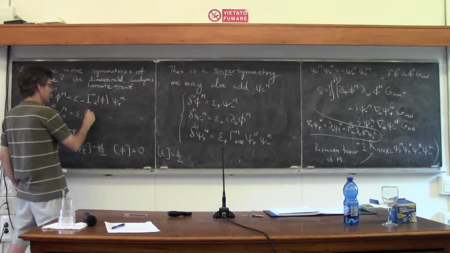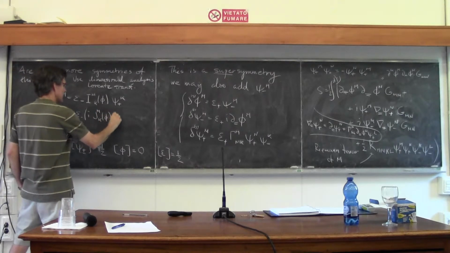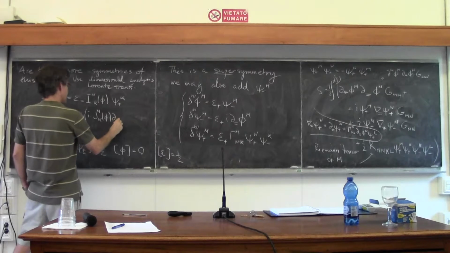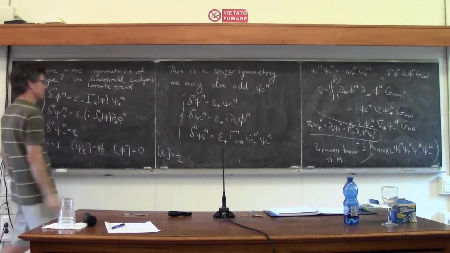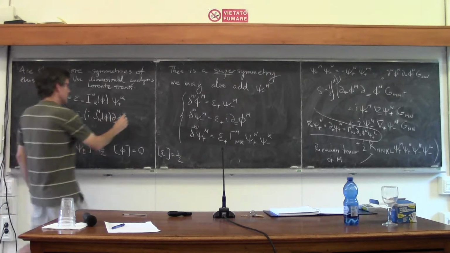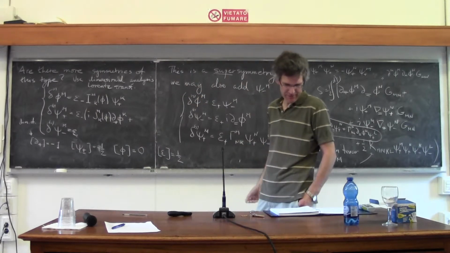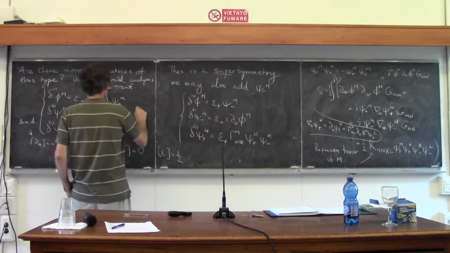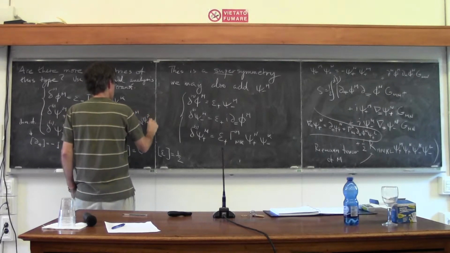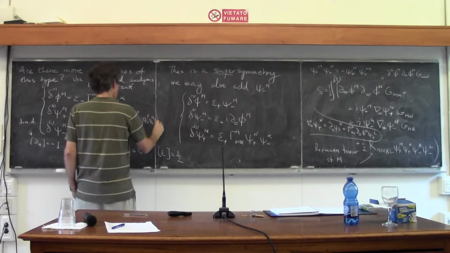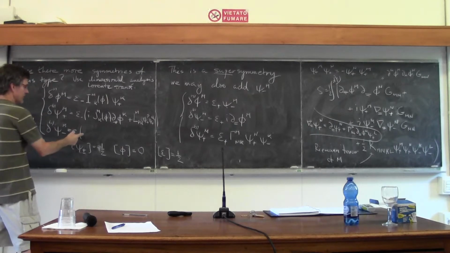Doing the same thing here, the same kind of argument tells us we can fix up the term we had before in this way, but there's also a possibility to add a new term here. So instead of having a derivative, we can have 2 fermions. And what can we add here?